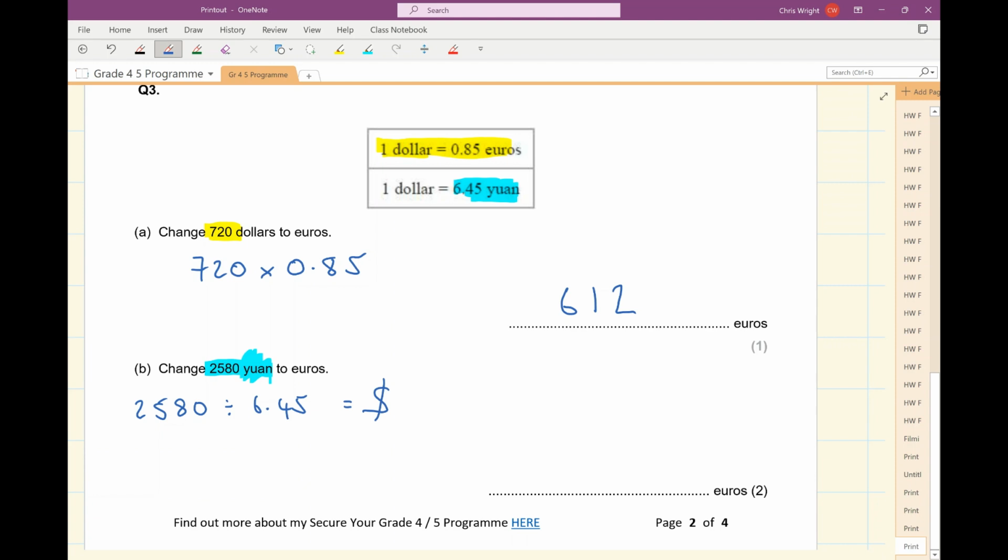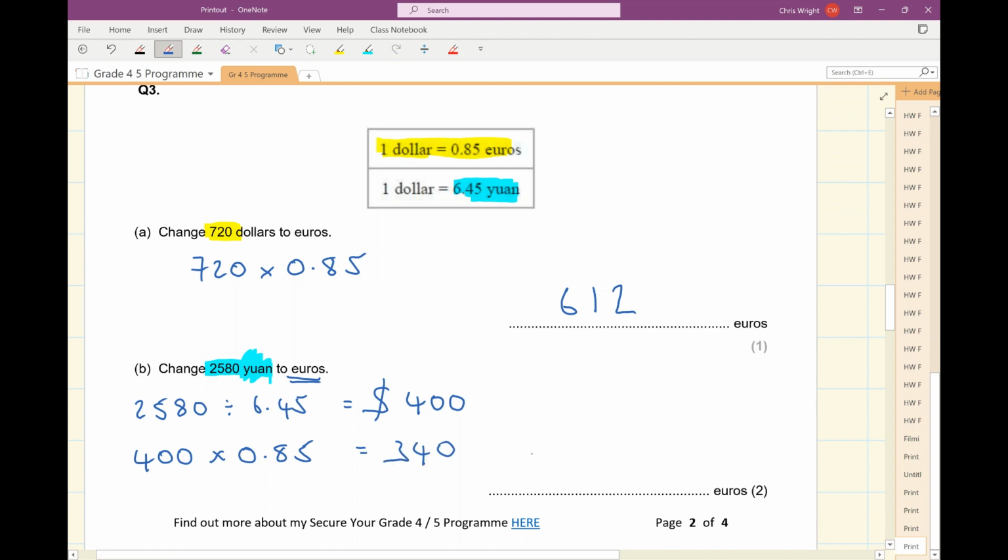So 2580 divided by 6.45 is $400. Now, because I have to go to euros, I'm going to take those $400 and change them into euros. So 400 times 0.85, because every dollar is worth 0.85 of a euro. That gives 340. So my answer is 340 euros.